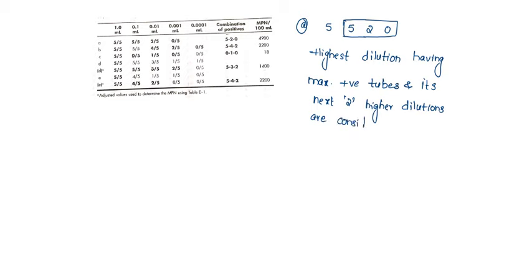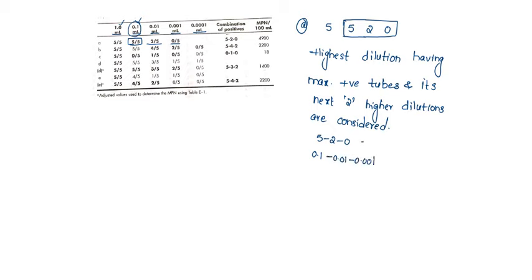That is, in the first sample A, the dilutions are 1 ml, 0.1 ml, 0.01 ml and 0.001 ml. The highest dilution out of 1 and 0.1 is 0.1, in which there are positive tubes 5 by 5. So the next two dilutions are 2 and 0. So we need to consider 5, 2, 0 for the MPN from table, corresponding to dilutions 0.1 ml, 0.01 ml and 0.001 ml.